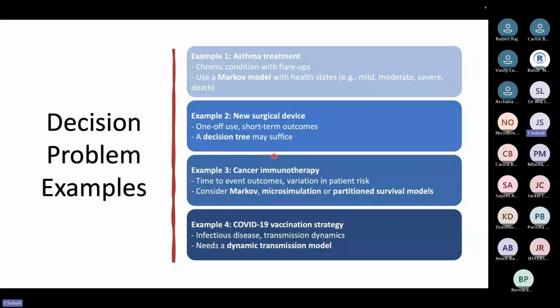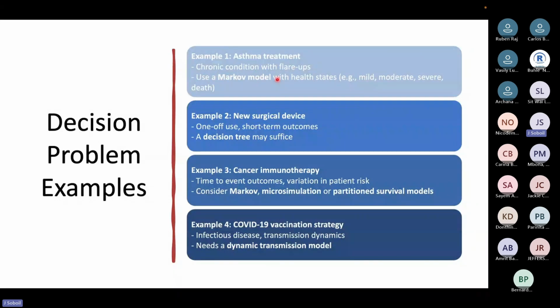Okay, cool. So this is just some decision problem examples of why you'd choose different modeling frameworks. So for example, asthma treatment is a chronic condition with quite regular flare-ups. And here you can use a Markov model with health states. For example, with the flare-ups, you can use mild, moderate, severe, and death.